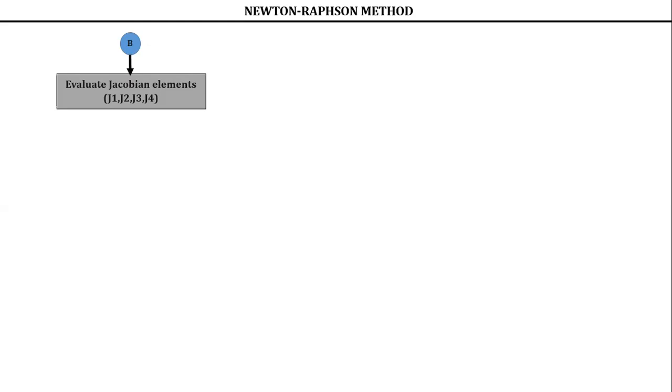Clear? You see where exactly the Jacobian elements you have to evaluate. In the 0th iteration, if it converges, no need to evaluate Jacobian elements. Please remember, if it converges at the 0th iteration itself, then no need to evaluate the Jacobian.